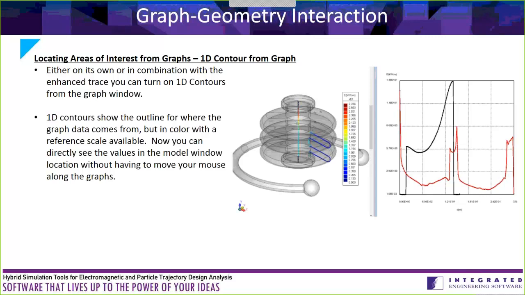And I can still do my trace thing to identify particular points, but I can very directly see in the model window the information I get from the graph. So again, identify peaks, valleys, and all that kind of thing very quickly, even for something that I'm not immediately familiar with.